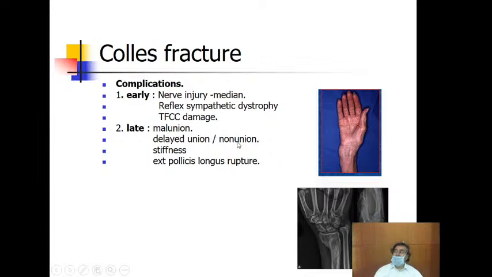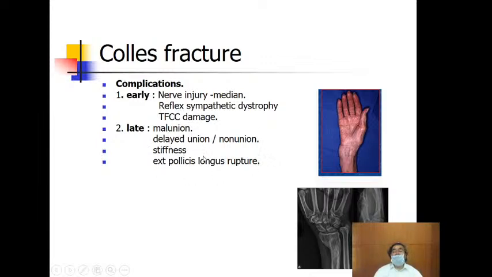Most orthopedic surgeons cannot get a non-union, and if you can get it, I think you are special. So don't try to get it. Usually it is delayed union or malunion, most often malunion, and there may be stiffness if you are not careful to keep the distal joints and the proximal, uninvolved joints mobile.